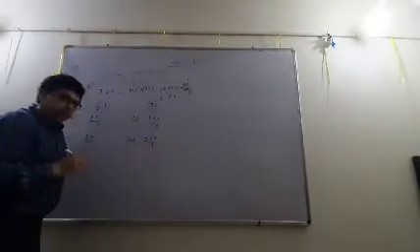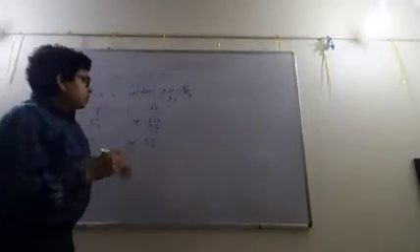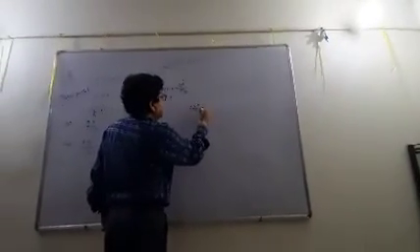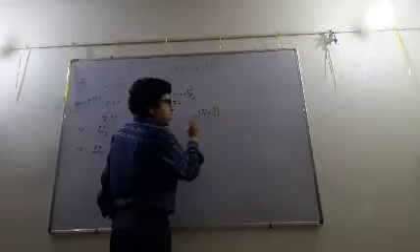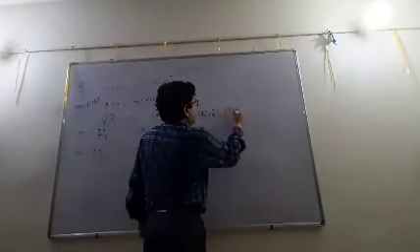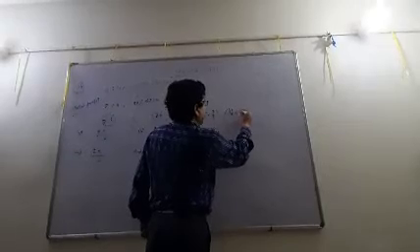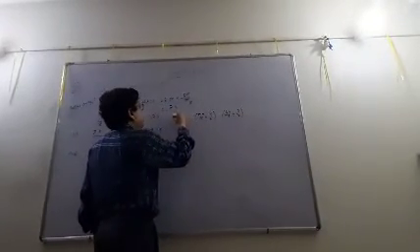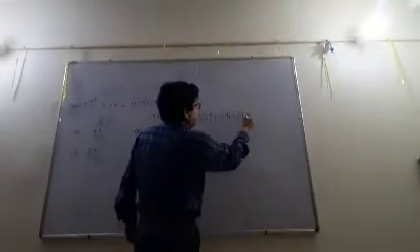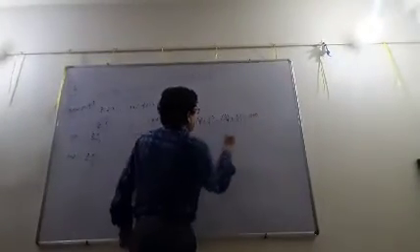So the second friend's total profit is 5x by 9 plus x by 2, and the first friend's total profit is 4x by 9 plus x by 2. According to the problem, this minus this equals 800.